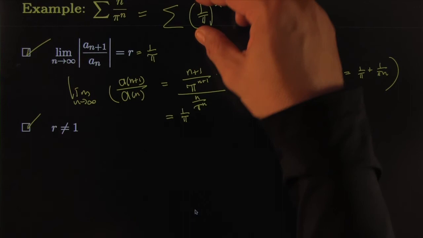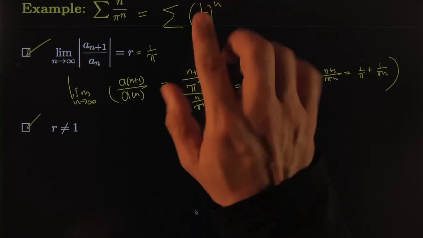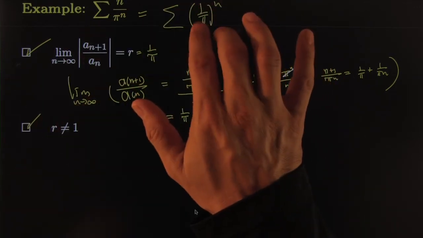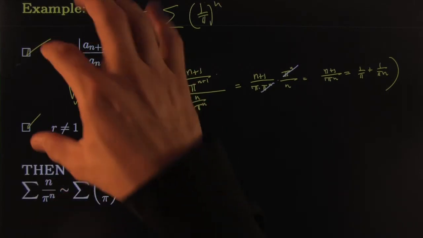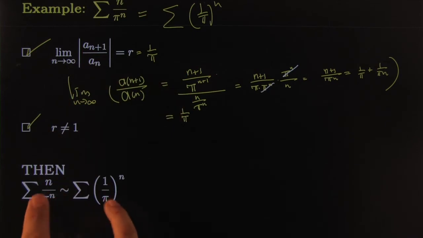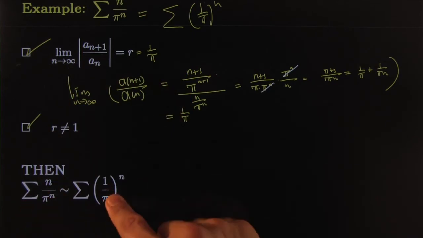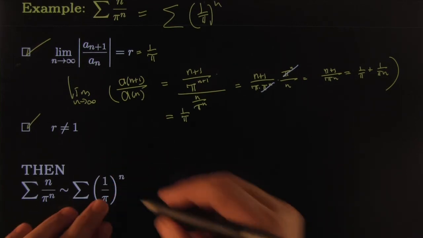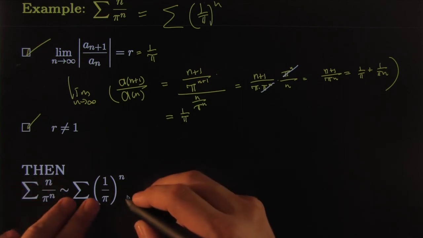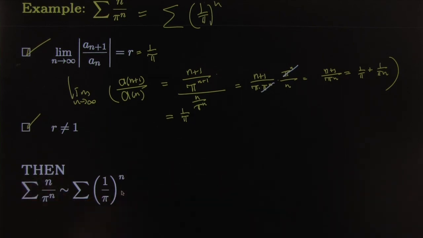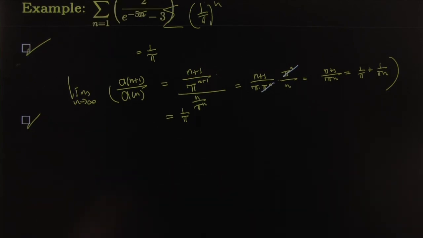Because this is less than 1, we already talked about this in the previous video, this would converge, and then we'll be done. Having checked these two things off tells you that this behaves like a geometric series. The easiest, most enjoyable series in the entire world, the geometric series, converges just by looking at it. Your r is less than 1, and you're done.